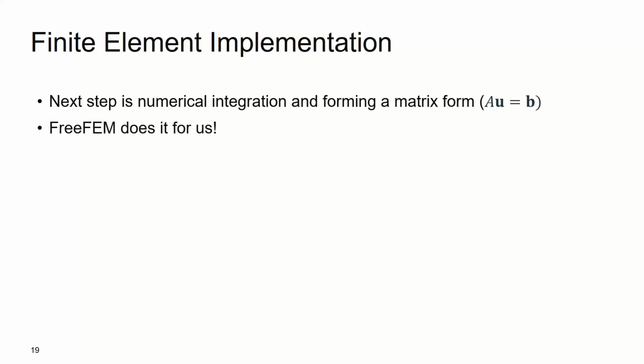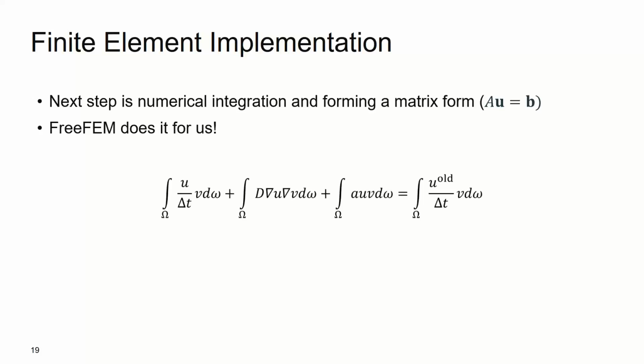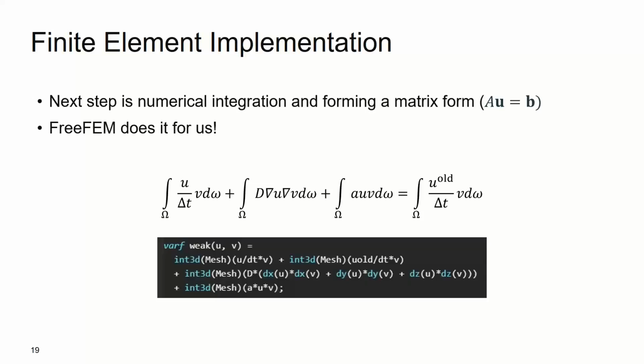FreeFEM can integrate the weak form that I showed you on the entire domain. So it means that you just need to derive the mathematical equation, convert it to weak form, and then FreeFEM can convert this kind of weak formulation into code, and then solve that on any shape, on any geometry, on any mesh for us.